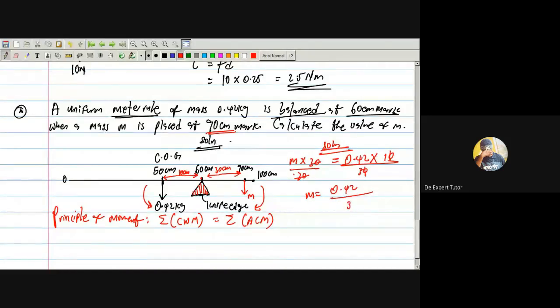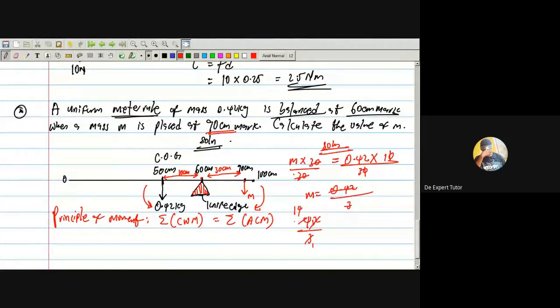So let's divide. You can do that without a calculator. Just pick your 42 and divide it by 3. 3 in 4 is 1 remainder 1, and 3 in 12 is 4.